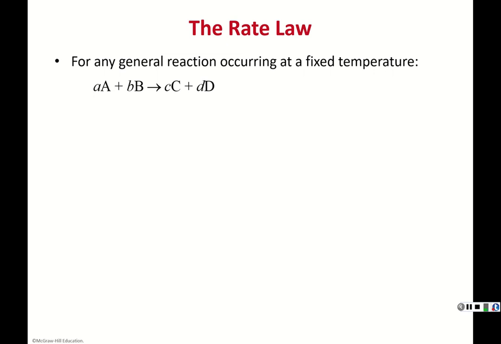Okay, so finding these rates is one thing, but we tend to, in chemistry, like to determine what's known as a rate law. And this is for any general reaction. Here we have our generic reaction A plus B going to C plus D. For this reaction occurring at a fixed temperature, we can write a rate law as k, which is a rate constant, and this is little k, not to be confused with the big K, capital K, that is the equilibrium constant.